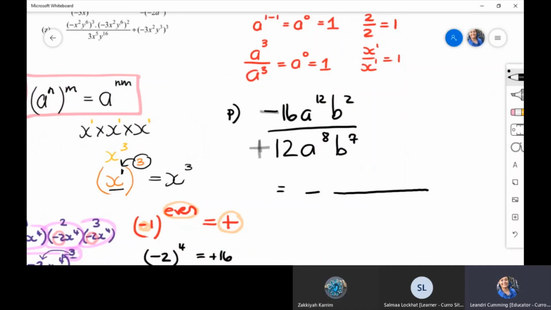My line is there to remind me I might have something left in the denominator. I might have something left in the numerator. I cannot get rid of it. It doesn't become naught because naught divided by anything is naught, and anything divided by naught becomes undefined. So I need to be very, very careful about that.